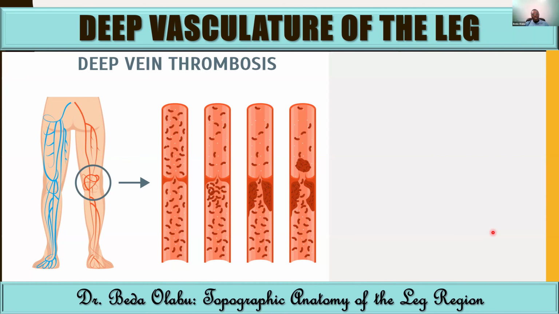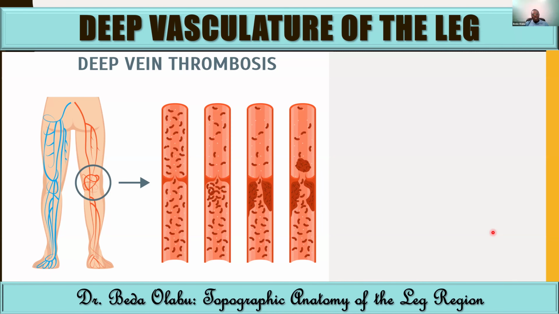The blood within the lower limb is prone to clotting because it has to fight against gravity to go back to the heart. So because of that, the venous stasis of the lower limb makes that blood more prone to clotting.